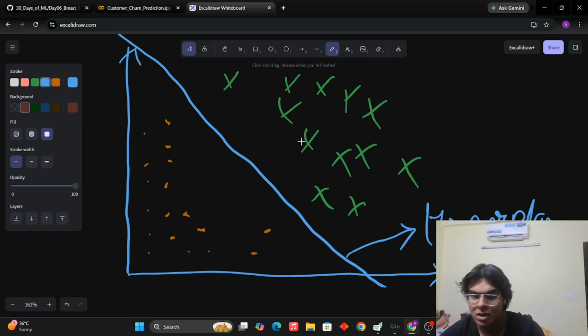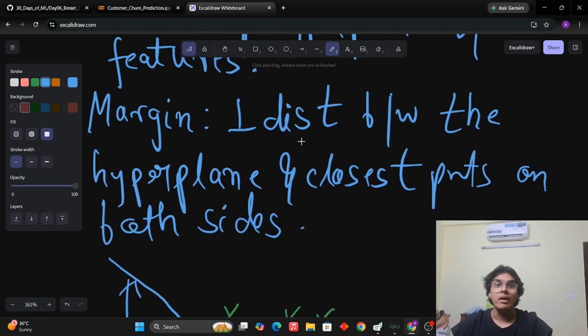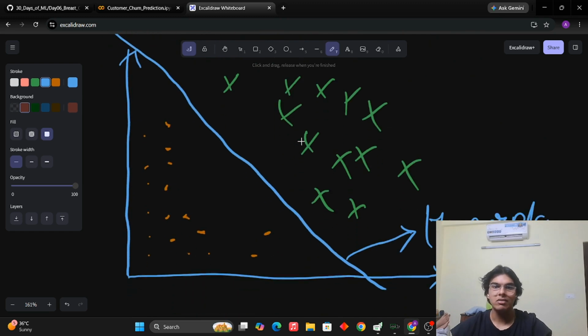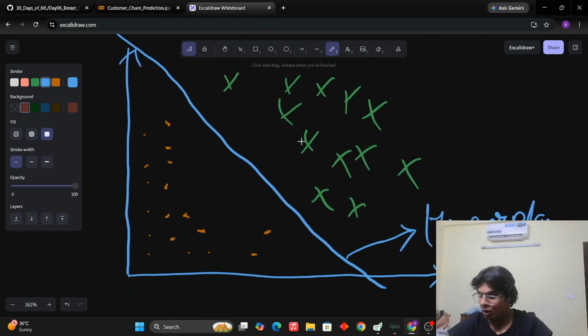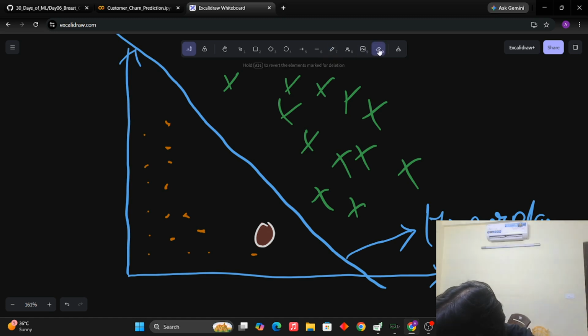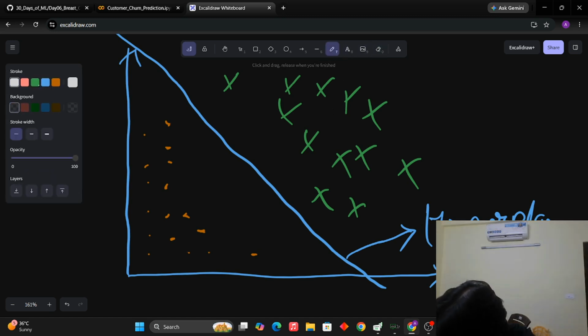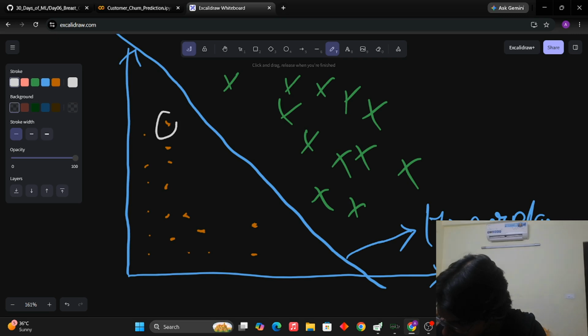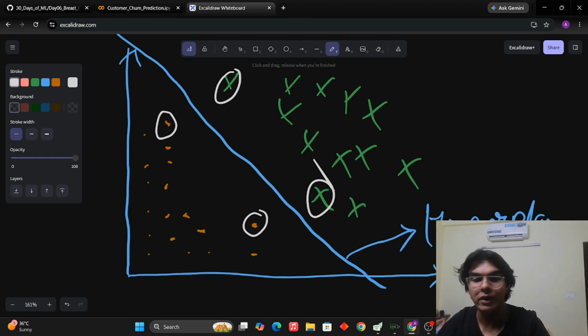Okay. And what about the margin? Again, going back to the definition, perpendicular distance between the hyperplane and the closest points on both sides. Now we know the hyperplane is this blue line, but what about the closest points on both sides? Let me show it to you. Can we simply say that these points, the four that I'm circling, this one and this one, are the closest points?